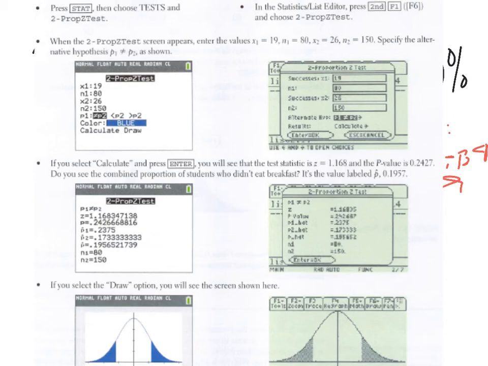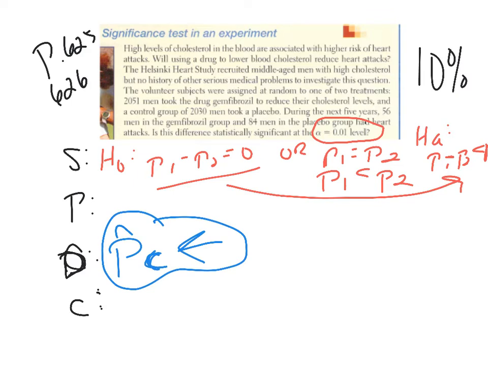After you have put that into your technology, you're given a z equals negative 2.47. You have a p hat combined of 0.0343.